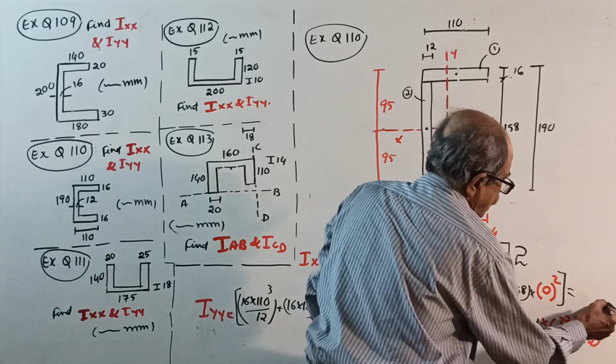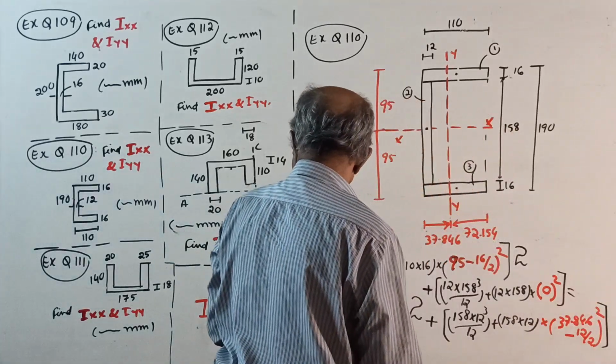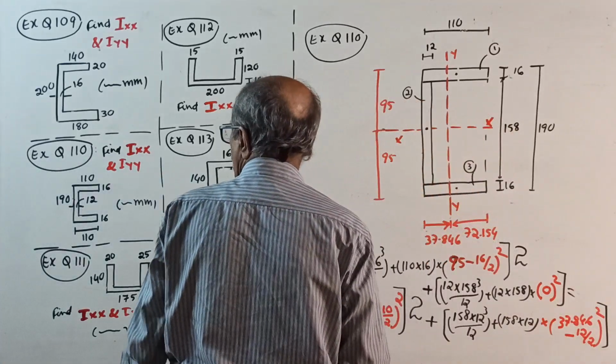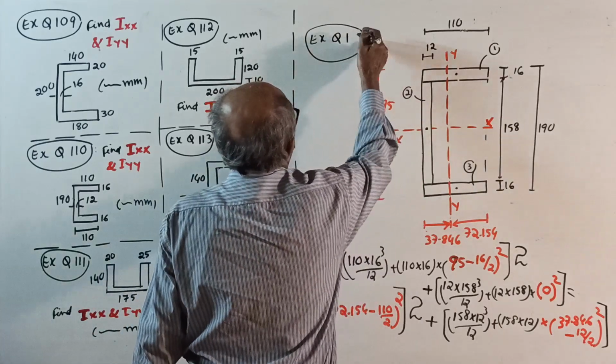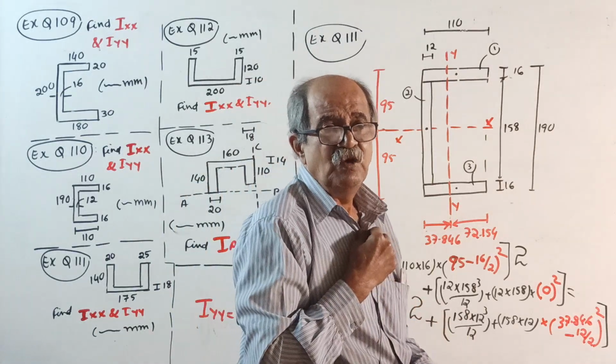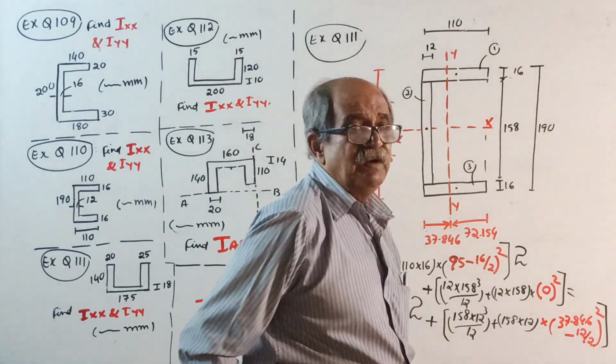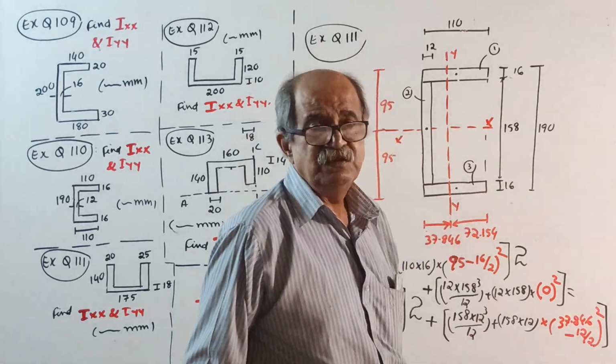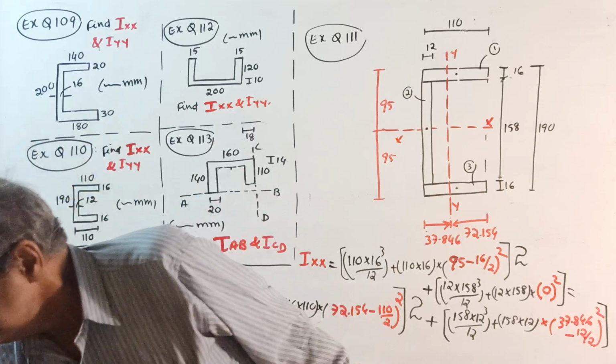Over. This will give I about YY. Calculate. Question number 110 is over, I will go for 111 now. I will prepare every question and explain. Whatever I want to talk, I don't want to waste time. Exercise questions, a lot of questions are there.